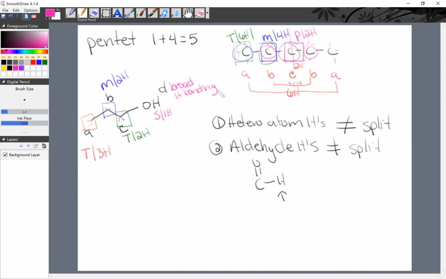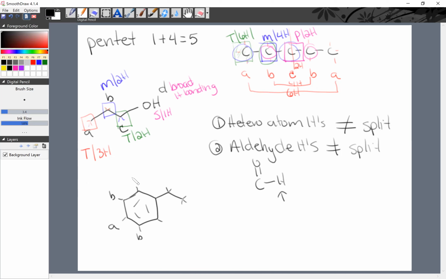All right, let's look at benzene. I'll draw that same one that we had before. All right, how many peaks are we going to have? Let me draw my hydrogens. We are going to have 1.